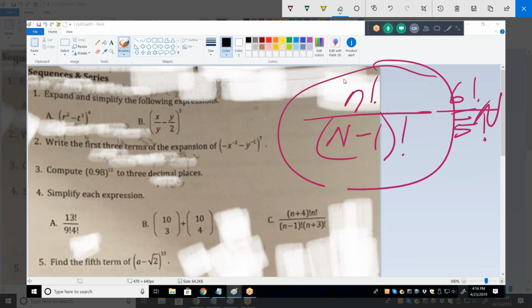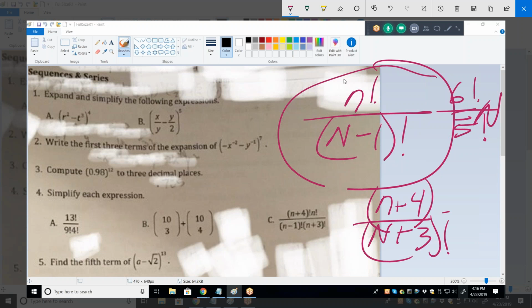Let's try the n plus 4 factorial over n plus 3 factorial. If n were 6, it would be 10 factorial over 9 factorial, which would be n plus 4. So this whole thing is equal to n plus 4. Yes, sir.